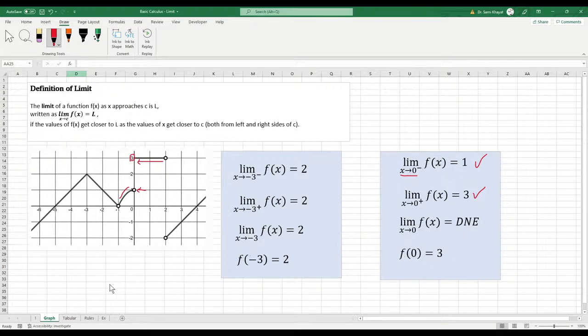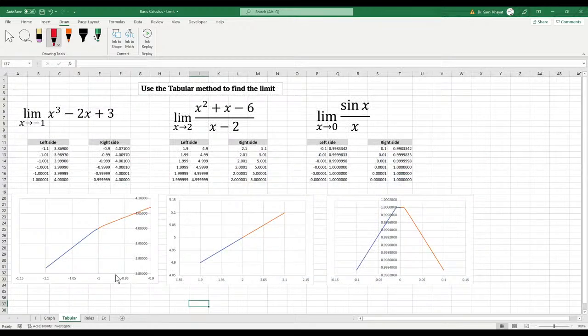Let's now get some more examples. Now let's say, how much is the limit of x approaching negative 1 of this function? I have a function here.